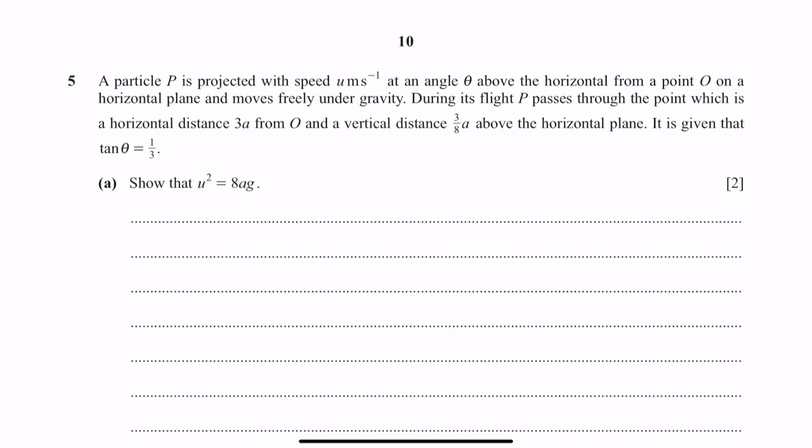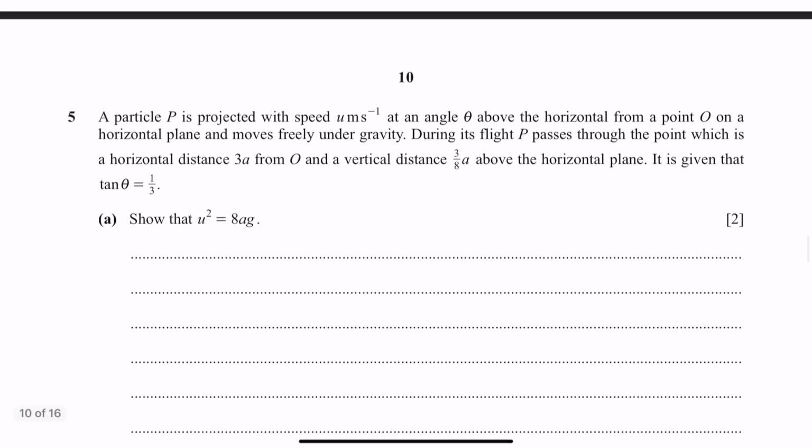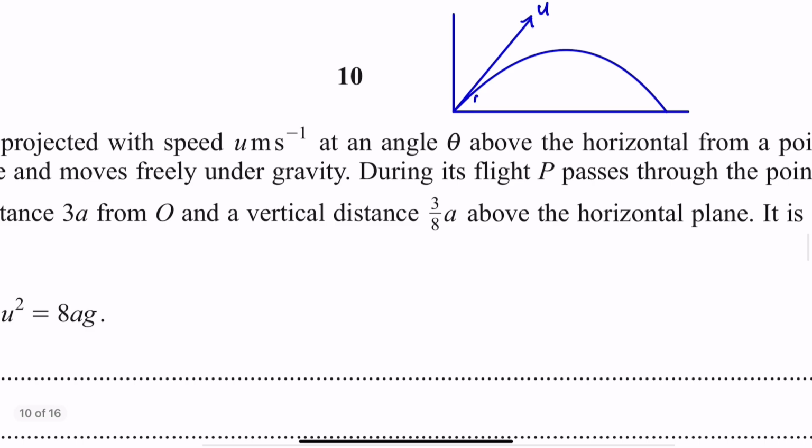And it's given that tangent theta equals 1/3. Show that u squared equals 8ag. So we have a projection like this, and the initial velocity would be u, and the angle of projection is theta.